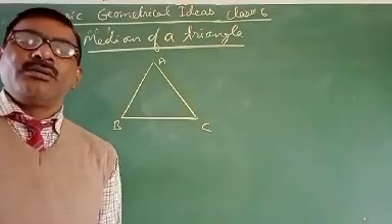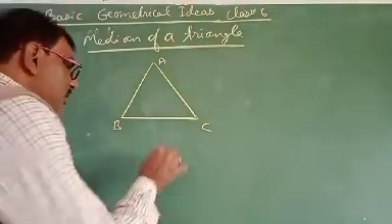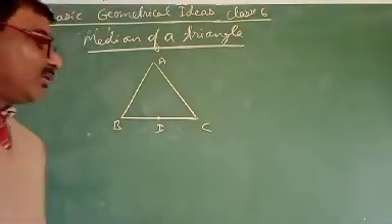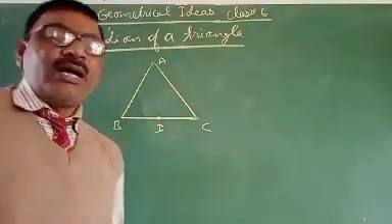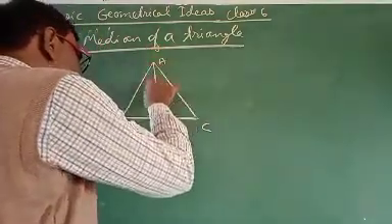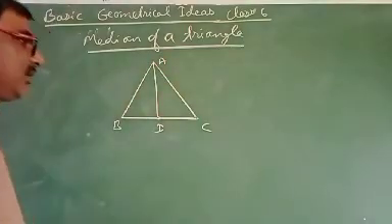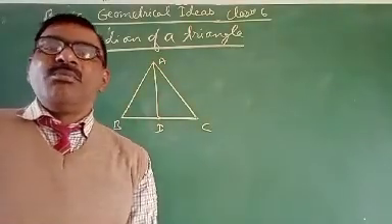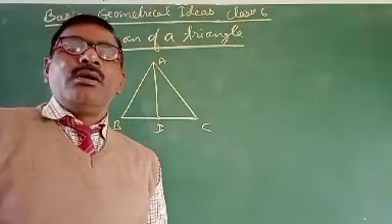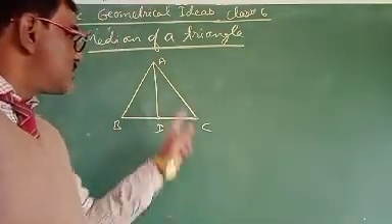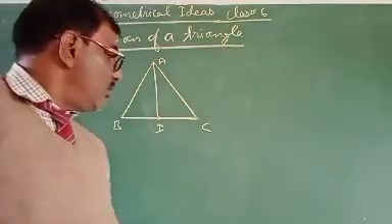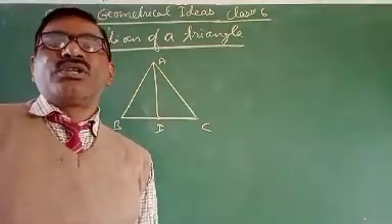Let's take the midpoint of BC. Let D be the midpoint of BC. Join A to D. Then AD is called a median of the triangle. It means a median of a triangle is the line that joins any vertex to the midpoint of the opposite side.